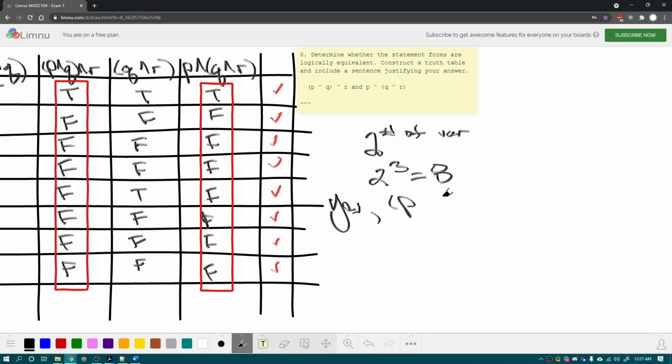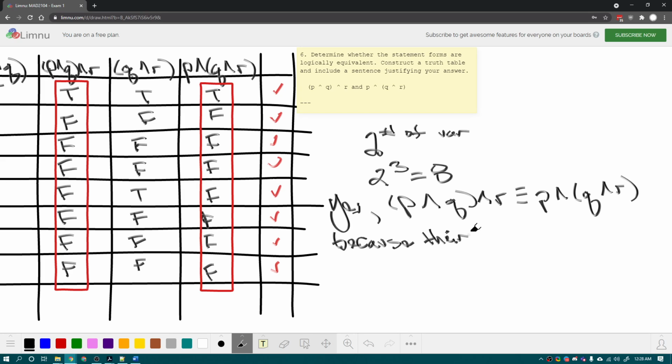The quantity P and Q and R is logically equivalent to P and the quantity Q and R because their truth values are all the same. And we're done. That's it for this problem.